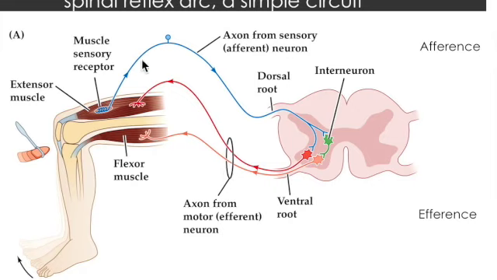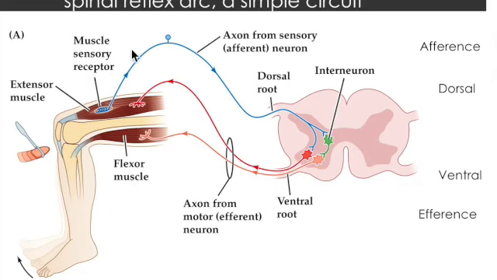So afferent inputs go towards your central nervous system from the periphery, and efferents are outputs that go from your central nervous system out towards the periphery. Another important couple of terms: dorsal and ventral. Dorsal means towards the back, whereas ventral means towards the belly. We'll come back and hammer this home more throughout the course of today.